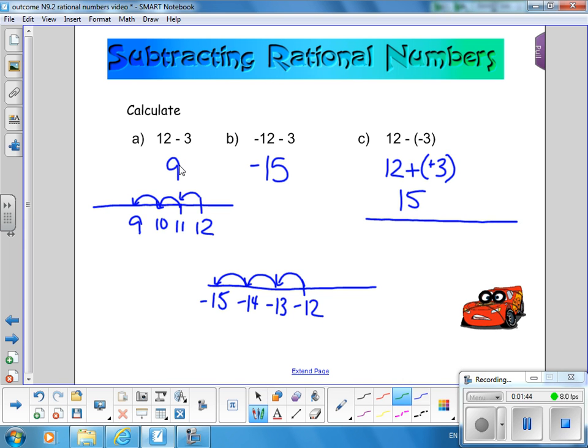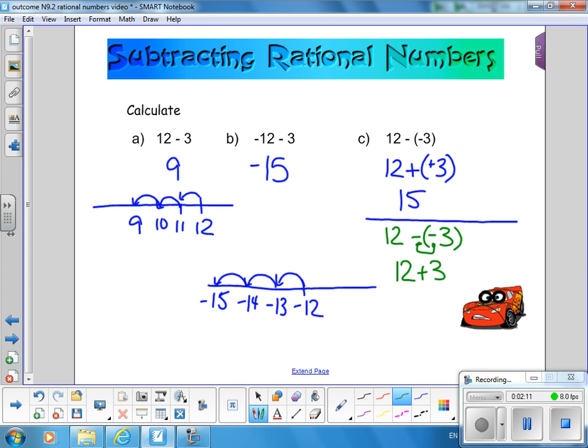Another one may have used the idea of double signs back to back with no number between them. So we have two signs back to back that are not separated by a numerical value. In this case, we can use our multiplication of signs rule. When you have two negatives, you actually end up adding.